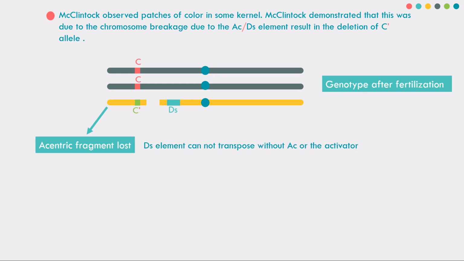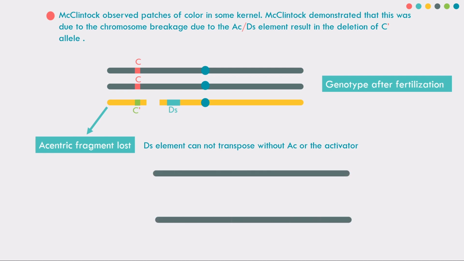Due to this, coloration in some of the kernels appears. The Ds element cannot transpose without Ac, the activator, as we have seen in the autonomous and non-autonomous types of transposons.